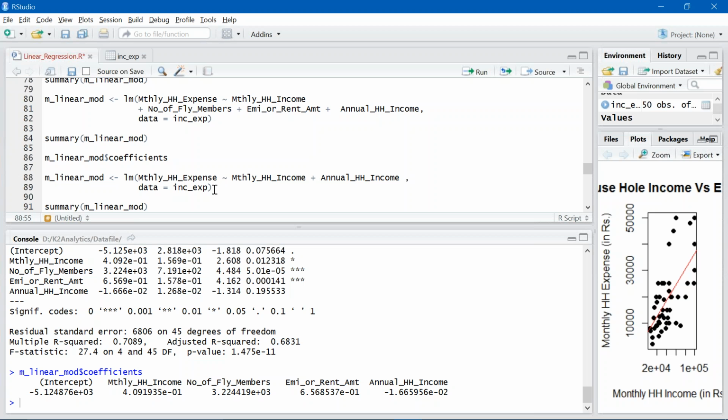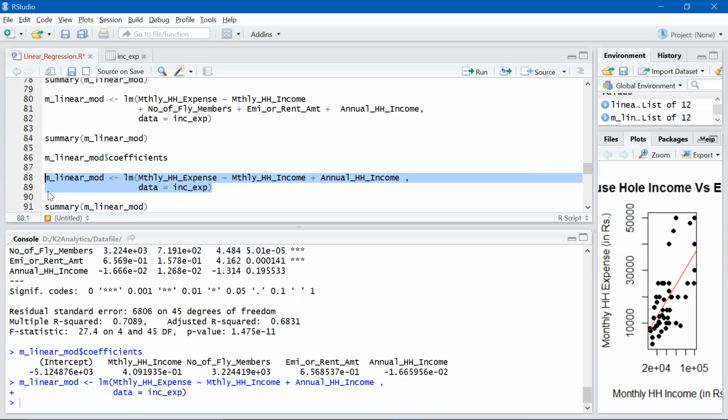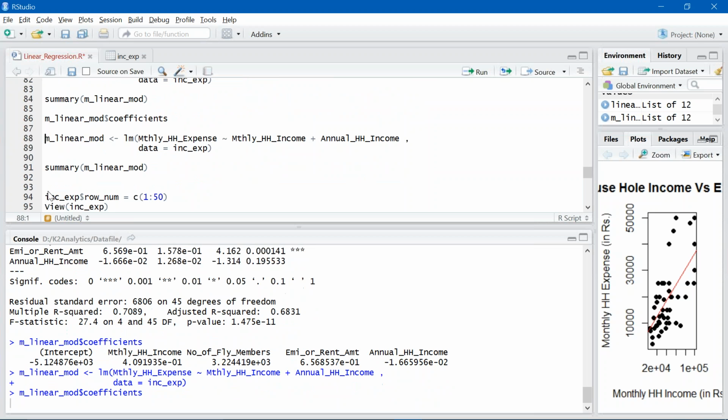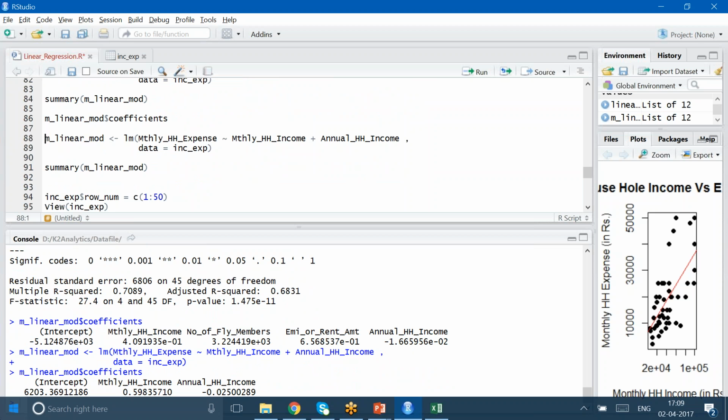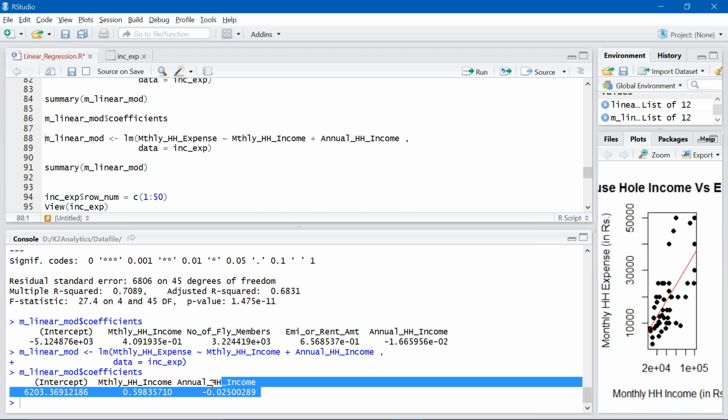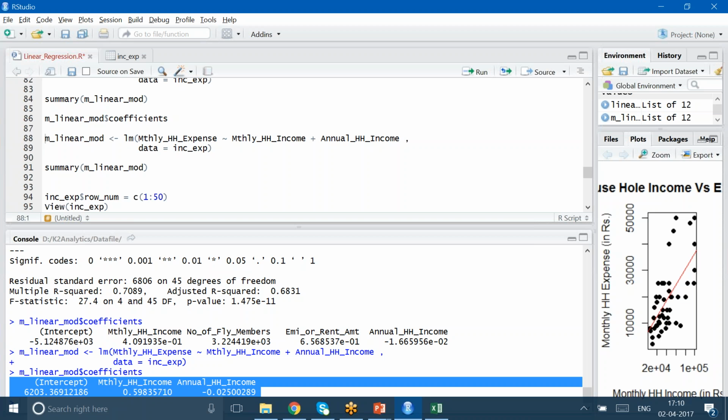So let us build this model. And now let us see the coefficients of this model. The coefficient here, if you see, is 0.59, it makes sense. And this is minus 0.02. Okay, so let me take these data points in Excel.